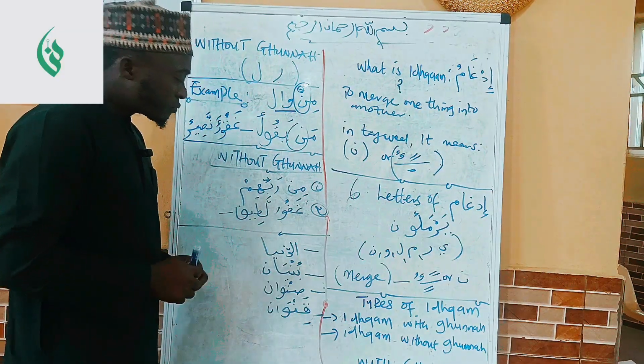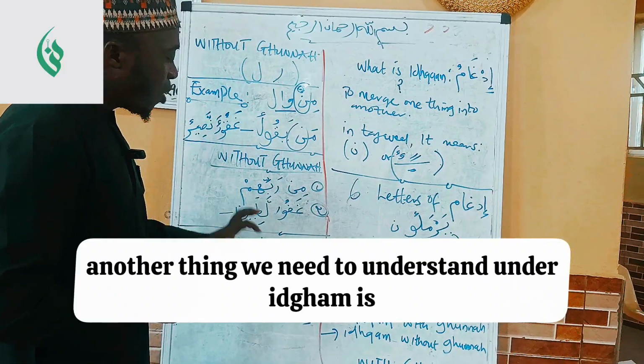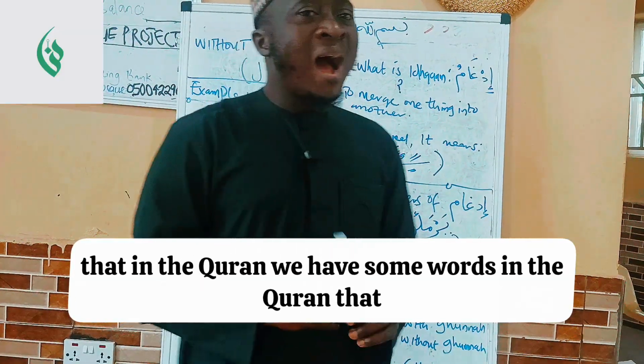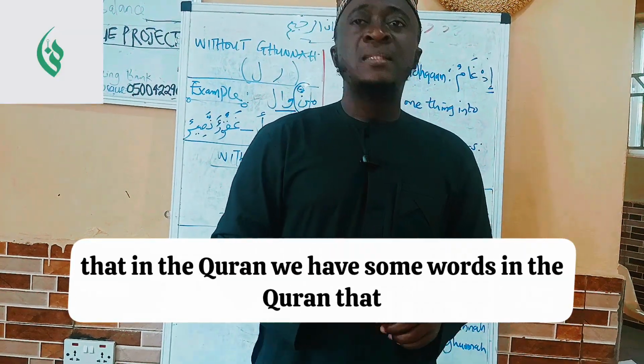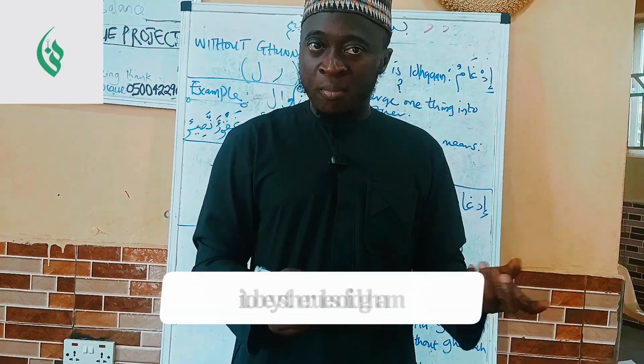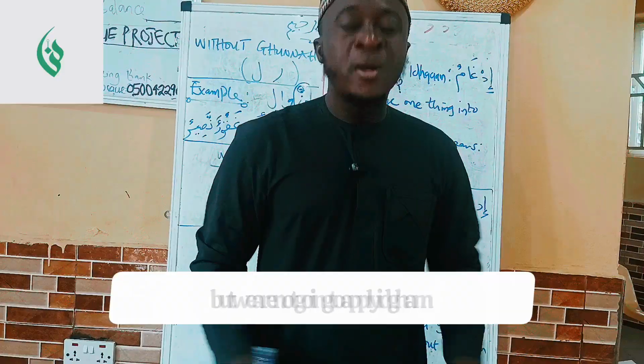Another thing we need to understand under Idghām is that in the Quran, we have some words that obey the rules of Idghām, but we are not going to apply Idghām. Why?